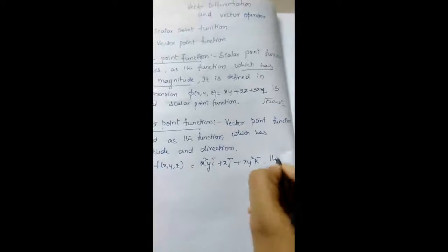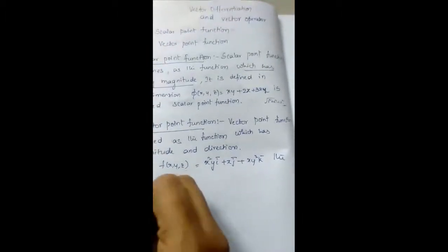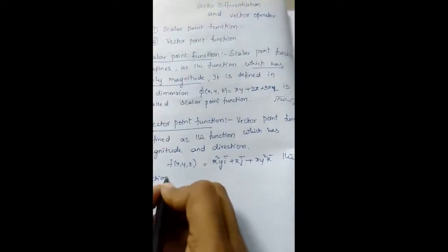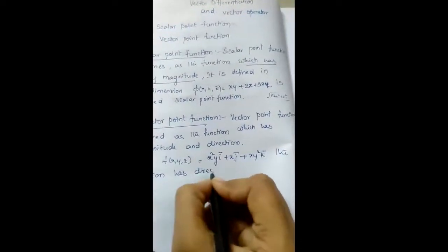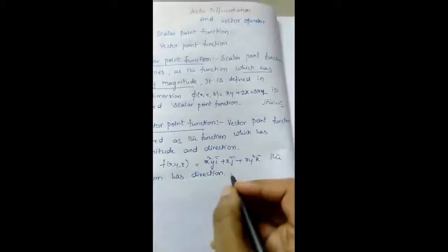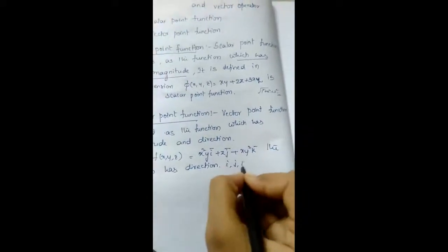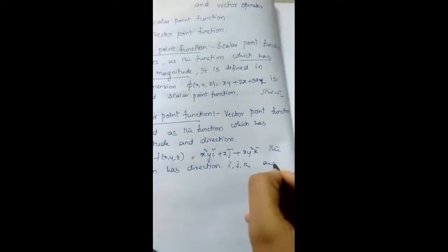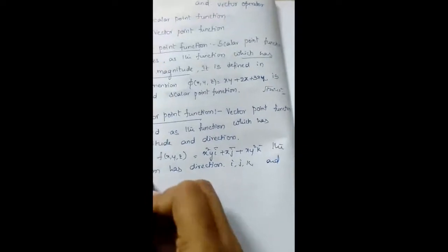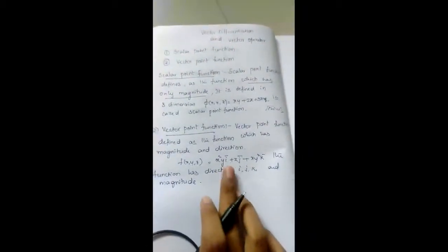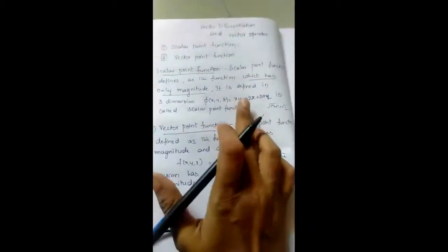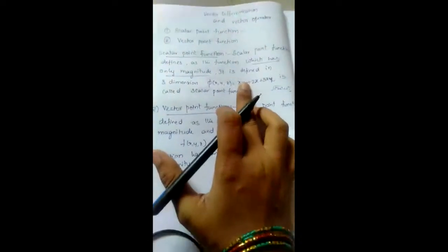So the function has directions i, j, k and also magnitude. This type of function is called a vector point function, and the earlier type is called a scalar point function.